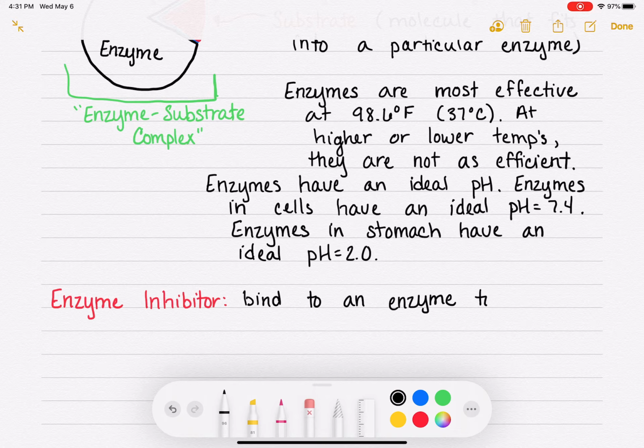And when it does this, it either changes or it just completely destroys the enzyme's normal function. So there's a couple ways that this could happen.